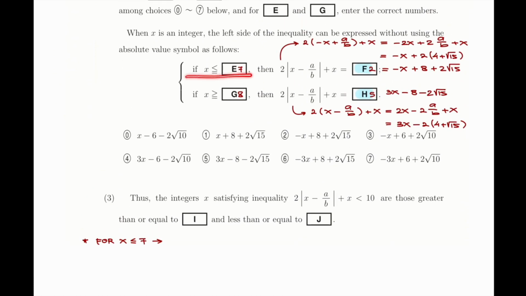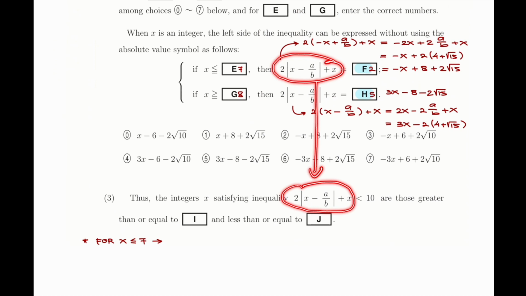For the first case, this whole thing, which is the same as this, can be substituted by negative x plus 8 plus 2 square root of 15.